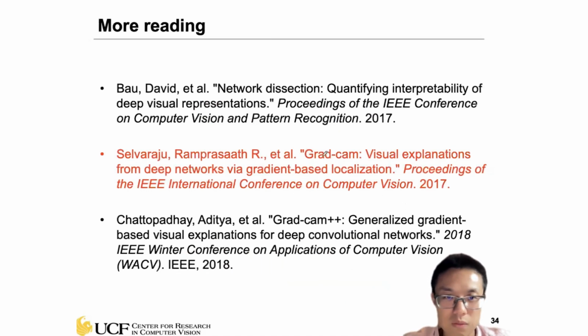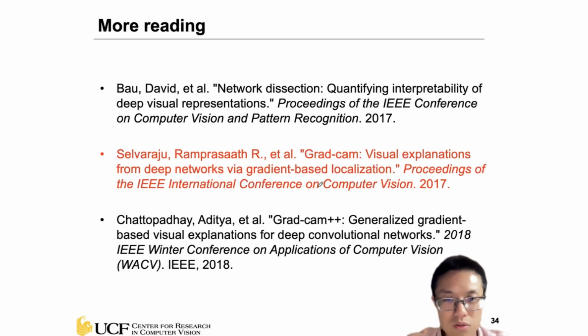Of course, this visual explanation is a very important area. So there's also other follow-up work trying to improve Grad-CAM. They have Grad-CAM++, and they also have other variants of Grad-CAM, trying to address some of the limitations of previous works.